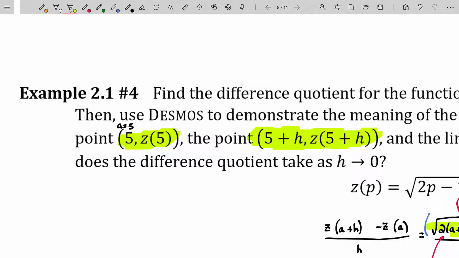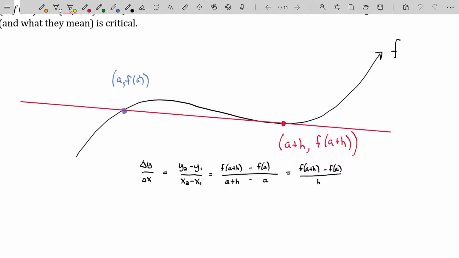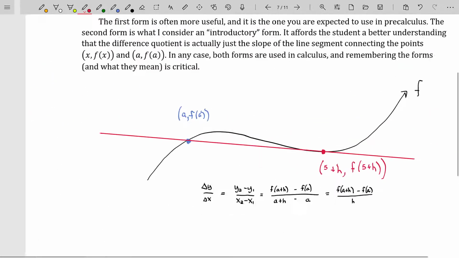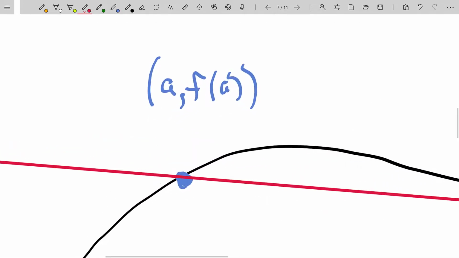And that corresponds to this idea right here that we showed a moment ago. Our red point is going to be 5 plus a wiggle, comma f at 5 plus a wiggle. And our blue point, which I call the anchor point, is going to be 5 comma f at 5, although our function actually has a name of z.